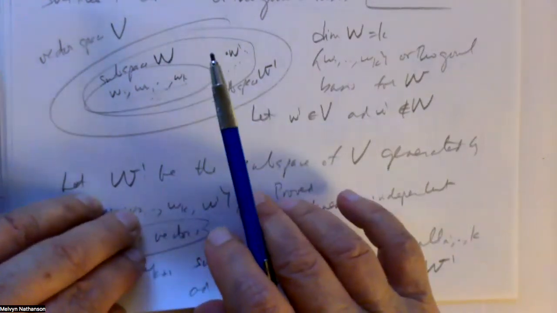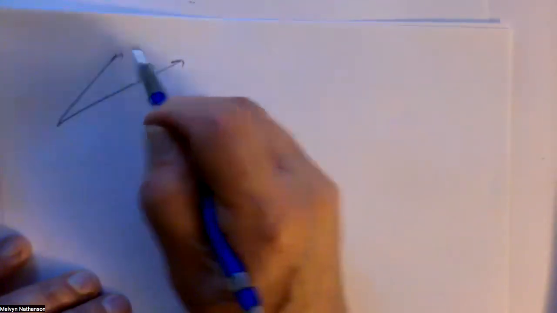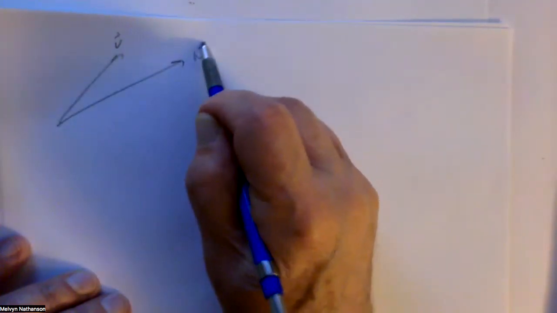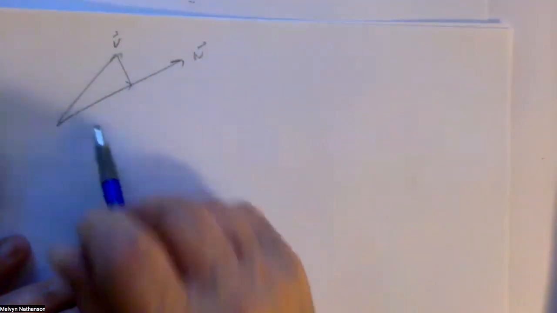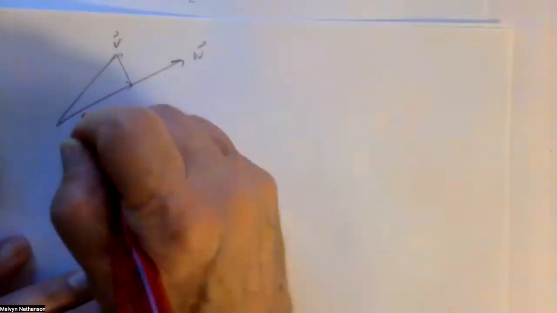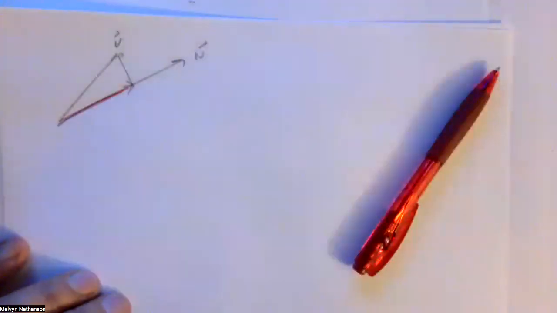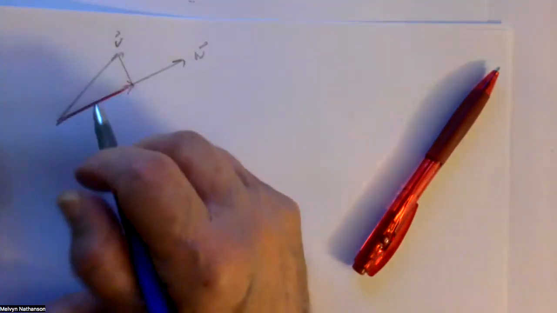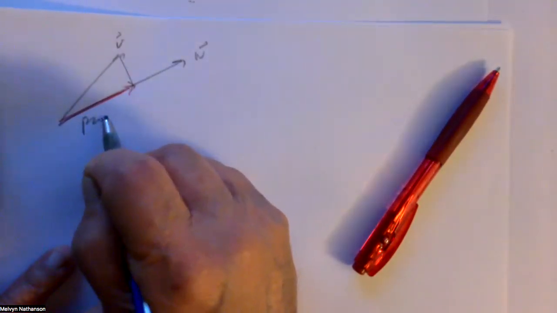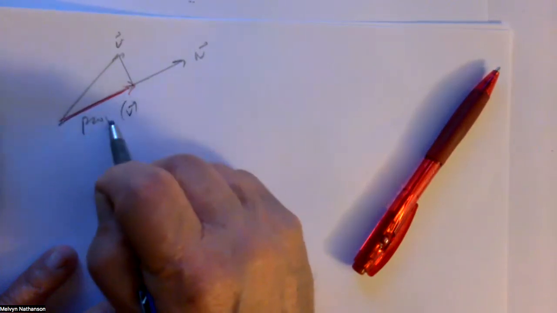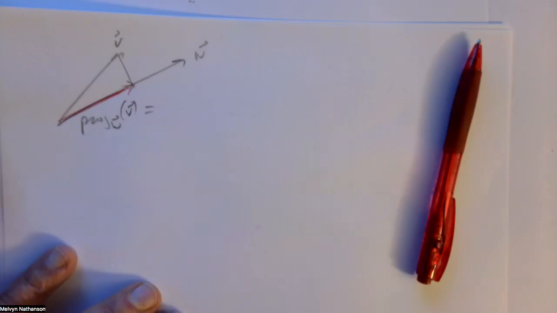So I just have to recall what I did a few minutes ago, which is write down how you find the projection of one vector in the direction of another. So again, let's just review that. Here's a vector v, a vector w, and this vector, which I called v2 before, is going to be the projection of v in the direction of w. So this is a vector parallel to w.